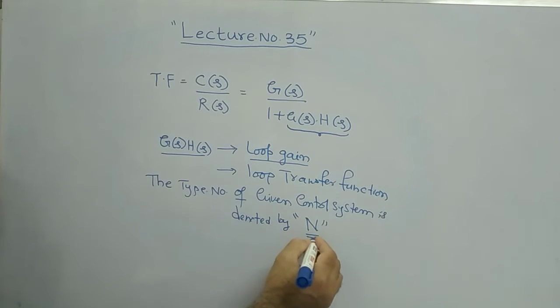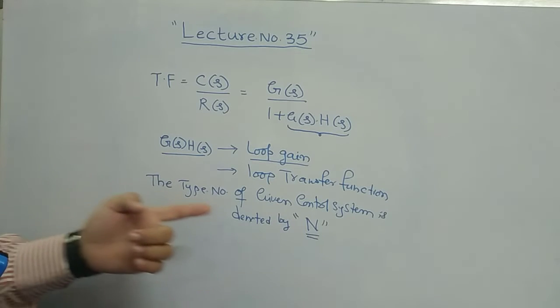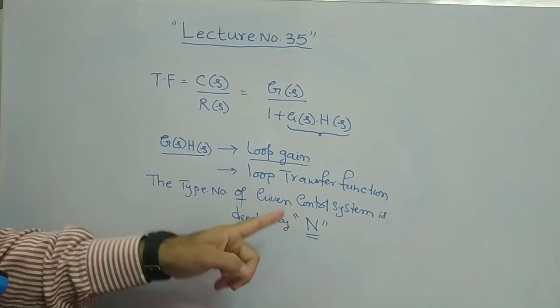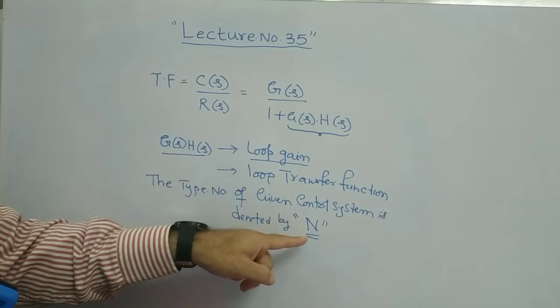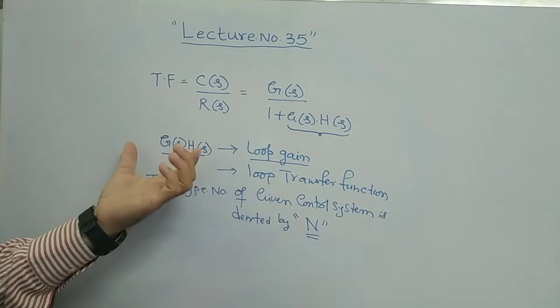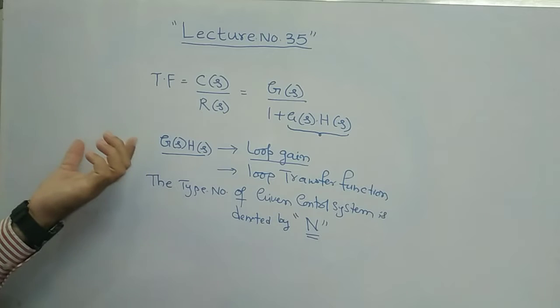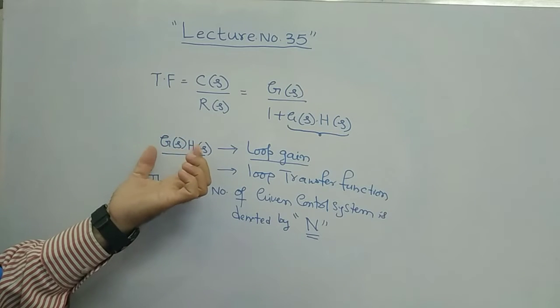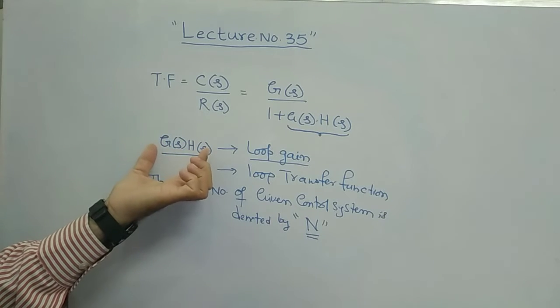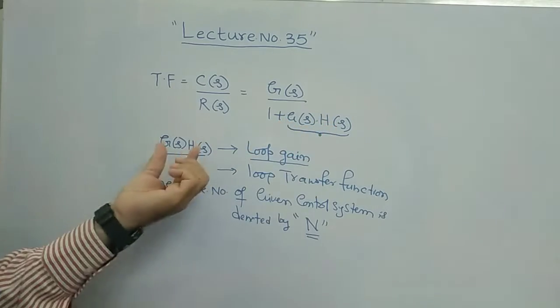The type number is denoted by capital N, and this N is identified or observed from the loop transfer function. What is the loop transfer function? G of S into H of S.